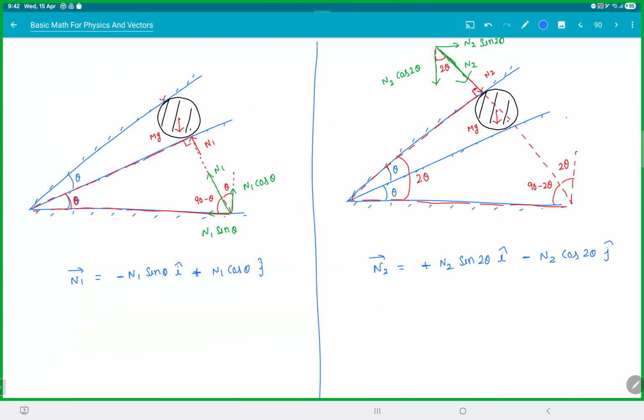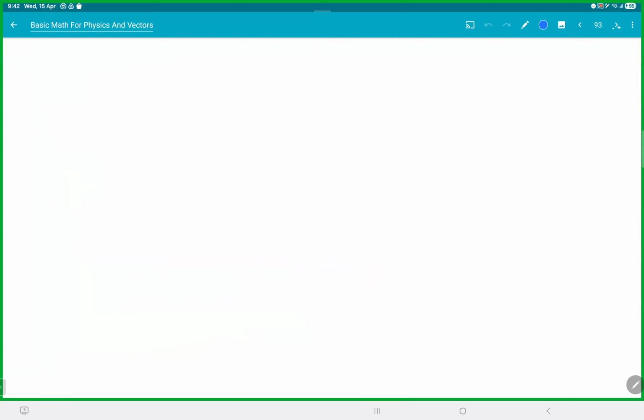Chalo, let's start off. Come on everyone. Let's see one more. Let's say we have a wedge here and we have a ball here.